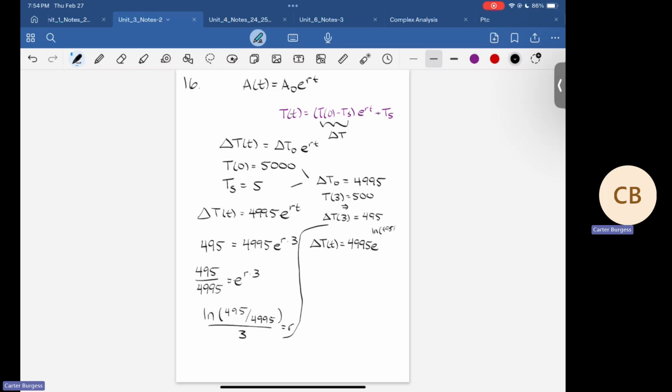I should give myself a little bit more room here. Actually, we'll just go on to the next page.